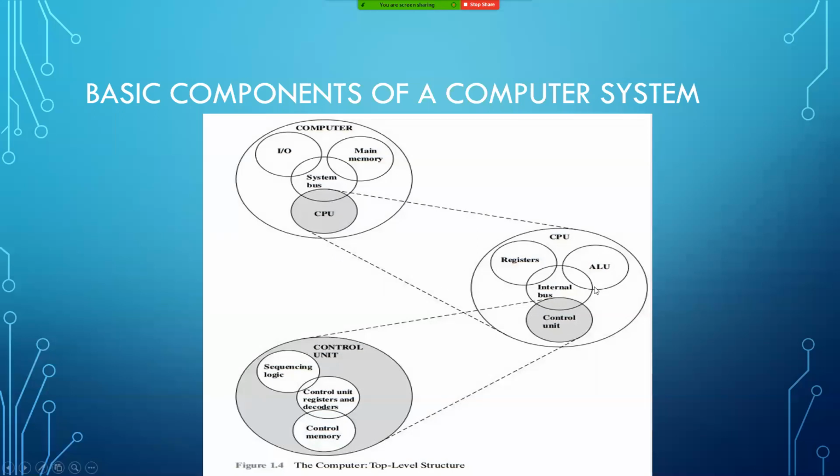You might be thinking, why do we need to know that much? Because we are doing coding. Whenever you do coding in C or Java or any other language, you don't need to consider anything; you just know the syntax. But why do we need this? Because whenever you try to write in assembly language, you have to have a very good understanding of the system for which you are writing the assembly code. For example, if you build a robot and you want to write some code, but you don't know the components of the robot, its architecture, or how they connect to each other, you cannot write the code, right?